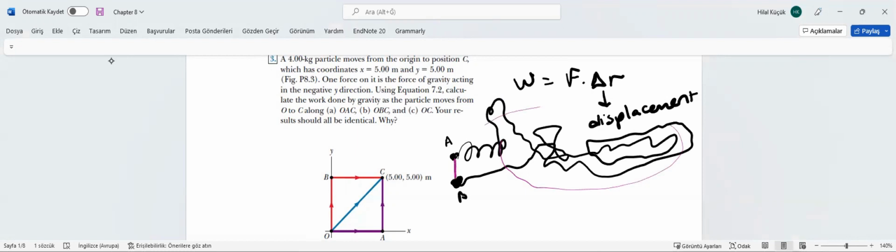Of course, I have to care about the smallest path for displacement. If I ask what is the total distance, of course, I have to calculate all paths. But I am talking about displacement.